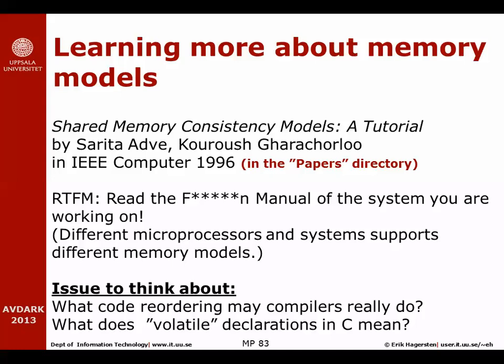And also, what does the volatile declaration in C mean? A volatile declaration actually implies two things. One is what volatile says: this is a scary variable, take special care of it. But what that implies is that a volatile declared variable in C can never be assigned to a register, because it's a global variable.